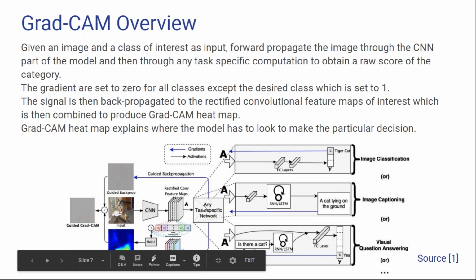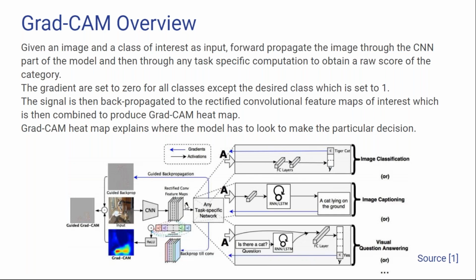And once you have the feature maps, you can do any task based on these feature maps, right? If it is a simple image classification, then you flatten these feature maps into fully connected layers, and then you do the softmax activation, and then you predict your class, whether it's a tiger cat or not.